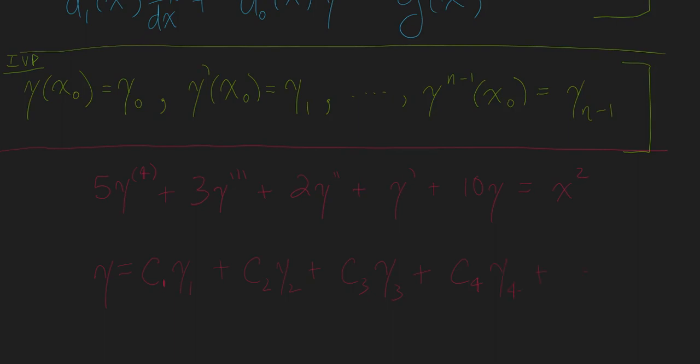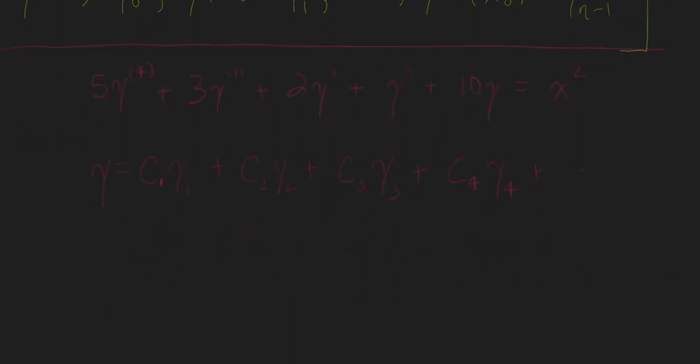And we have some other terms in there which isn't really necessary to include right now. But in other words, what we would find is if we have a differential equation that is of order 4, then we're going to end up having these 4 degrees of variability for constants.